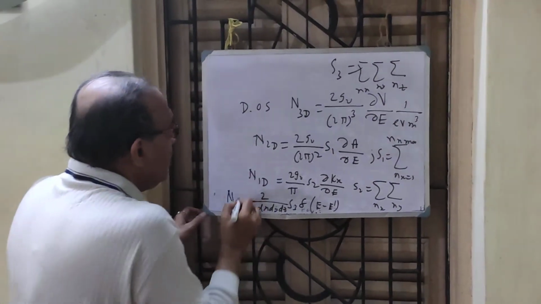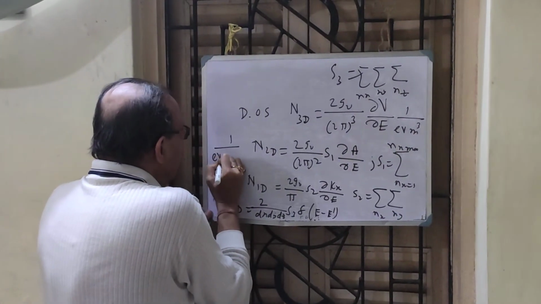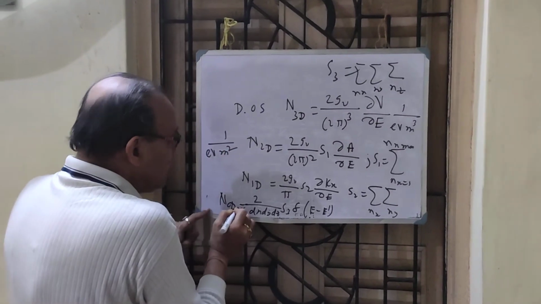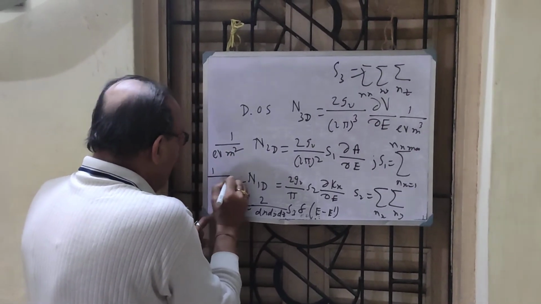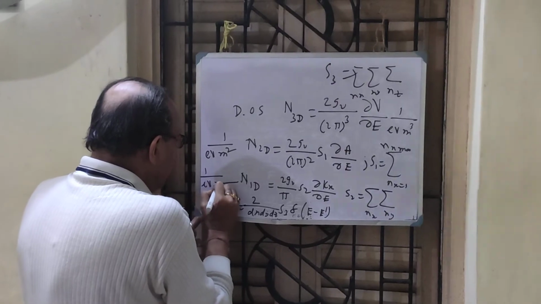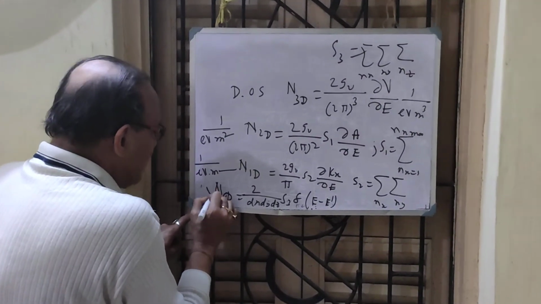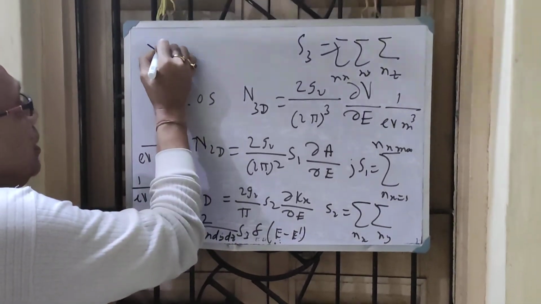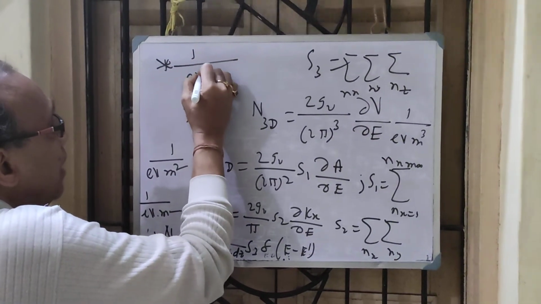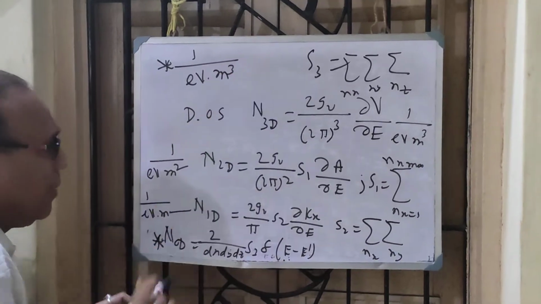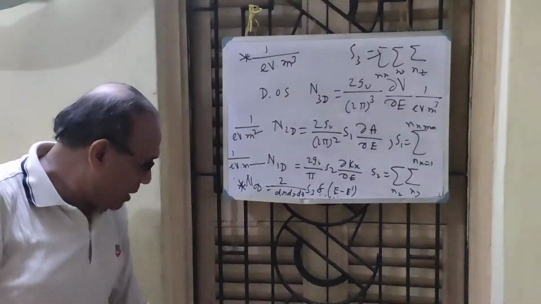In the 2D case, unit is 1 by eV meter square. In the 1D case, unit is 1 by eV meter. But remember, in 0D, unit is 1 by eV meter cube. There are the three cases.